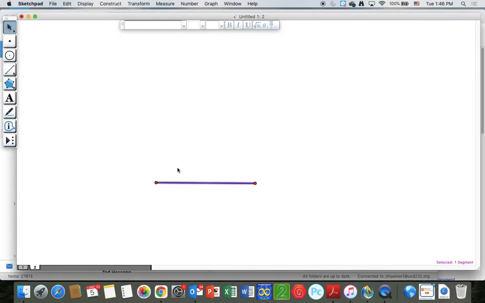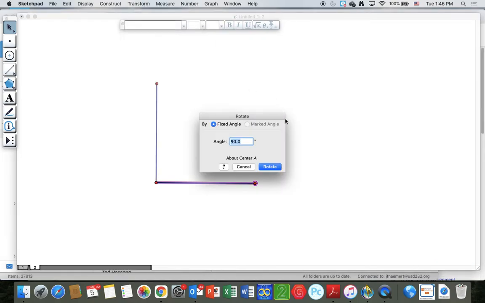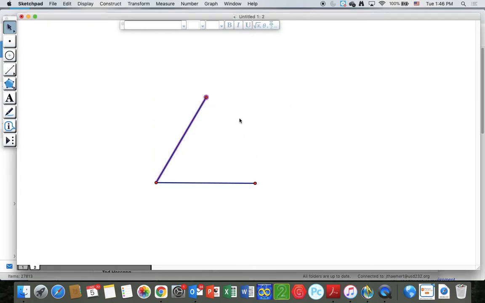Okay? Now, let's see. I've got to think about this. How do I want to construct a rhombus here? Oh, I know what I want to do. Rotate. And we'll go 60 degrees. That's easy.